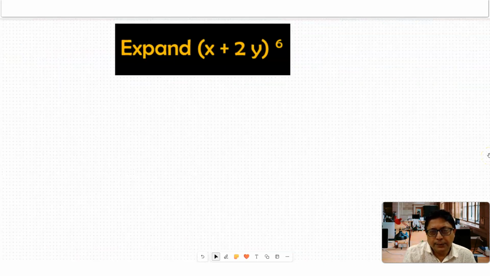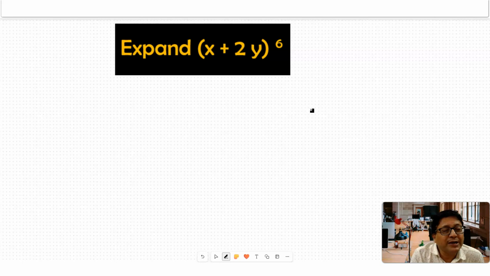So the formula, the terms, expansion, binomial theorem, whatever I told you, will help you to do sums from there. Today I have promised you to solve some simple problems by using binomial theorem. So let us do it. Expand (x plus 2y) to the power 6. How will you expand it?